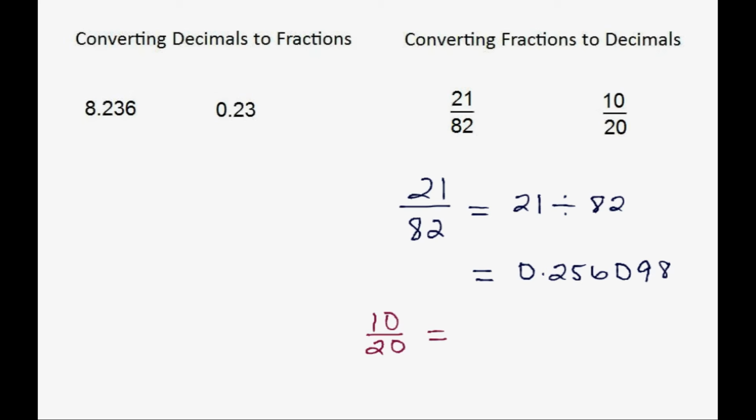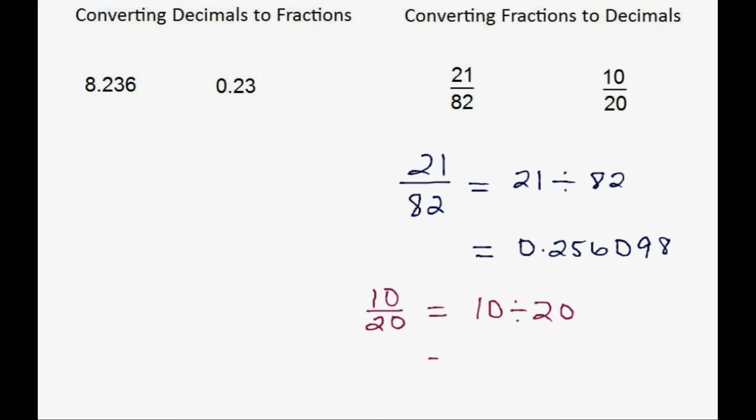So that will be 10 divided by 20. And 10 divided by 20 is 0.5. So 10 over 20 as a decimal is 0.5.